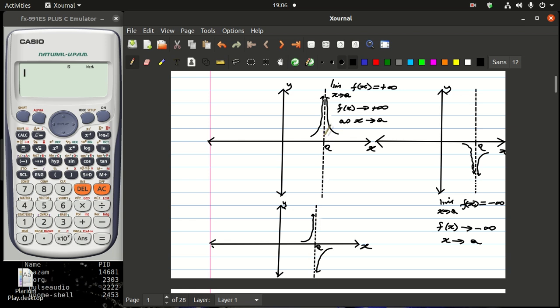That's also another way of saying the same thing. This one here is saying, someone might say to you that this function is going to big negative numbers as x approaches a. Different ways of saying the same thing.